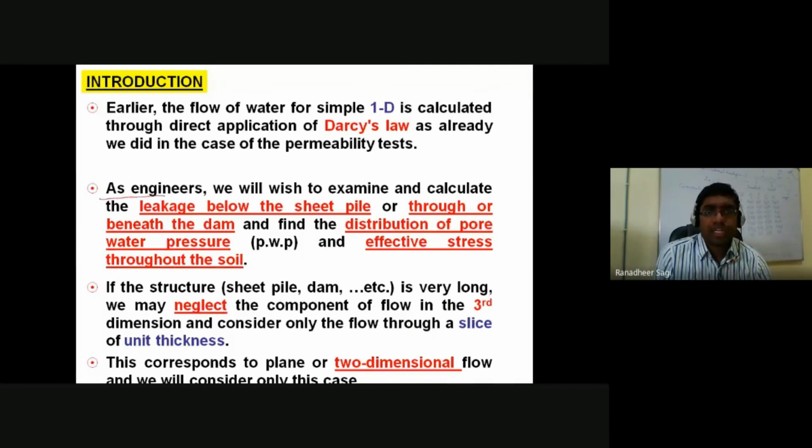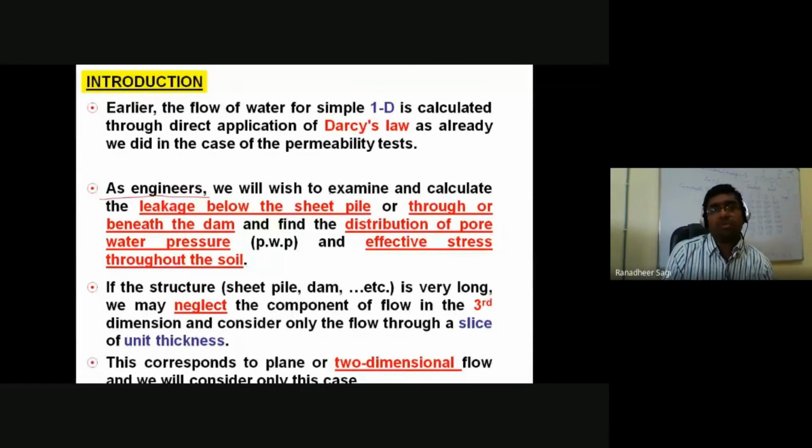As engineers, we will wish to examine and calculate the leakage below a sheet pile or beneath a dam, which can be an earthen dam or a concrete dam. We also want to find the pore water pressure distribution at the bottom of the structure, or within the soil at different places. We might also be interested in calculating how the effective stresses vary at different places in the cross section of the soil.